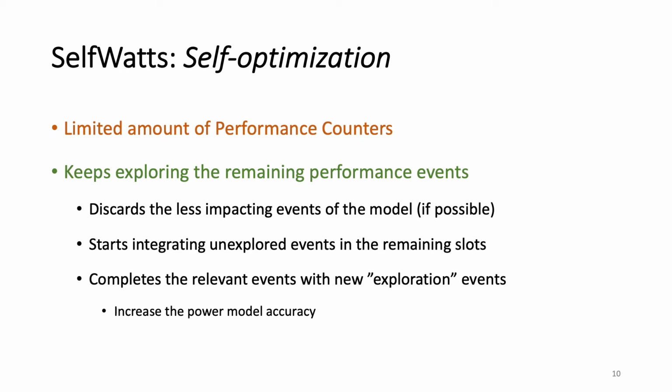It's not always possible, and we will use the remaining slots with unexplored events in order to complete our exploration of the available events, and in some cases it will increase the power model accuracy over time. And the goal is to have the best set possible, the most accurate possible for the power model.